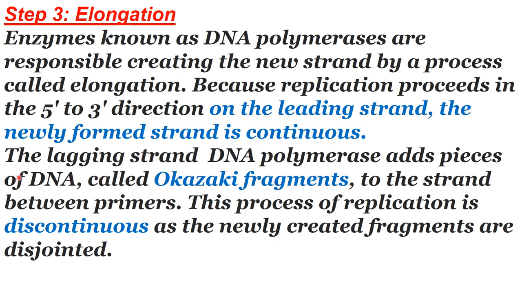But on the lagging strand, which has polarity 5' to 3', DNA polymerase adds pieces of DNA. It will not be a continuous process. These DNA pieces are called Okazaki fragments. This process of replication is discontinuous as the newly created fragments are disjointed.